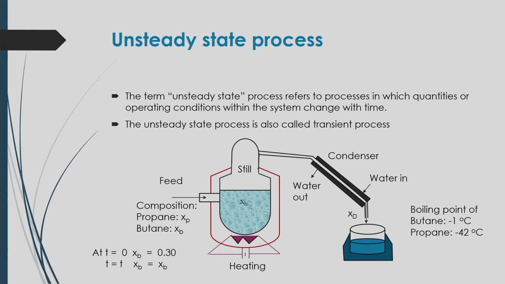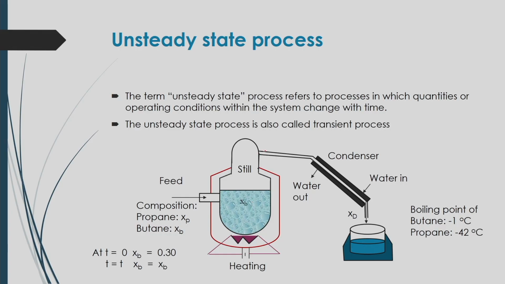You will see that if we heat this still containing the mixture of propane and butane, the higher boiling point liquid will remain in the still, whereas the lower boiling point liquid will be vaporized and come out from the top of the still.